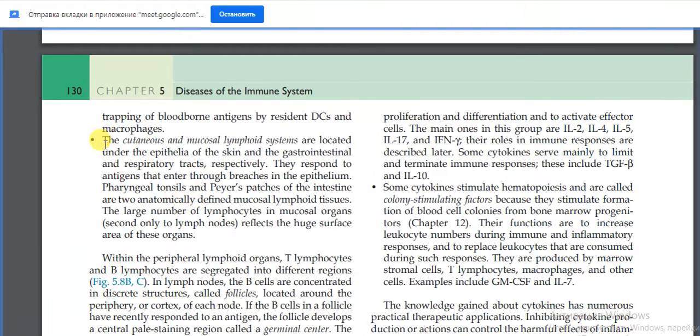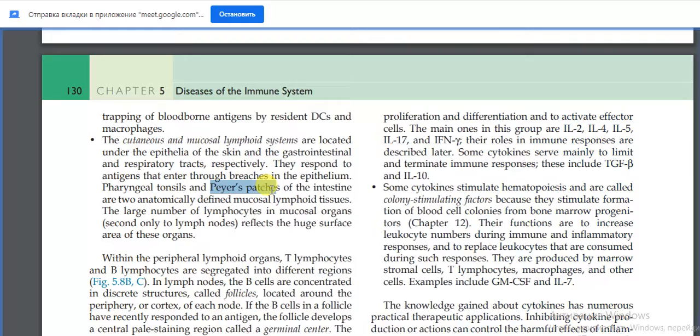Okay, the cutaneous and mucosal lymphoid systems are located under the epithelia of the skin and the gastrointestinal and respiratory tracts, respectively. These are known as the diffuse lymphoid system and lymph nodules. The best examples are tonsils, like pharyngeal tonsils, and also Peyer's patches in the ileum of the digestive tract. They are collections of lymph nodules.